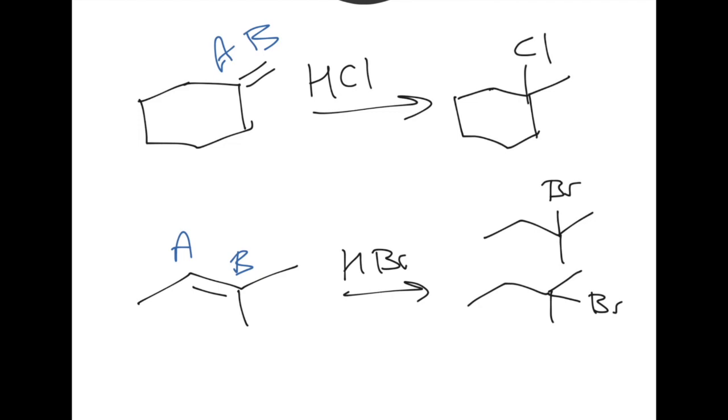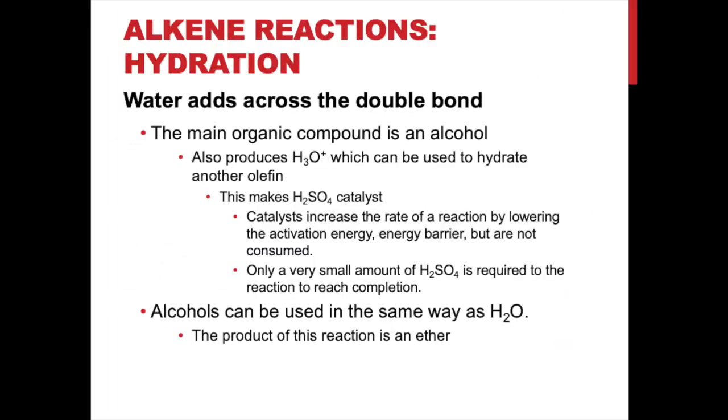All right, so we can add HX across a double bond, hydrogen on one side, halogen on the other. We can do the same thing with water. Okay, so this is hydration of alkenes.